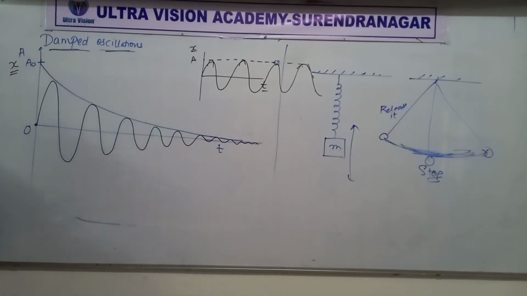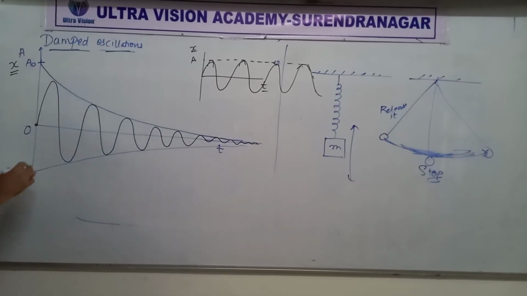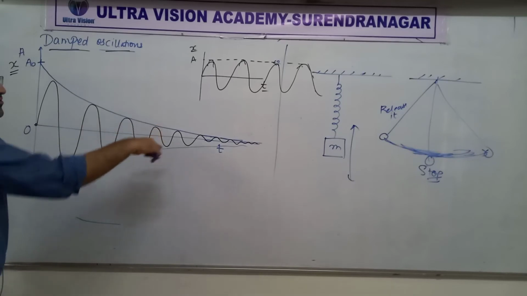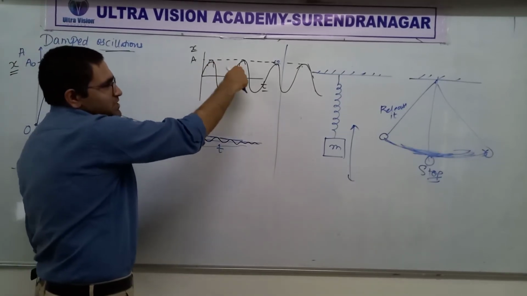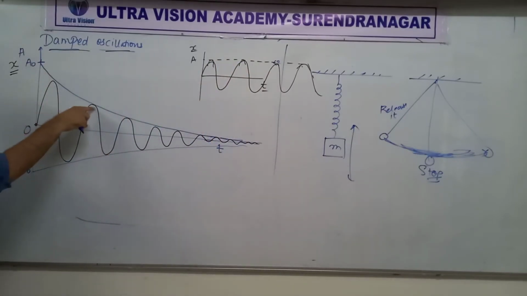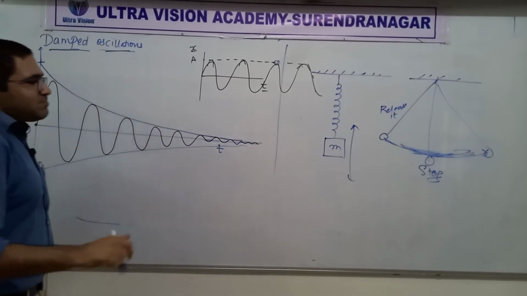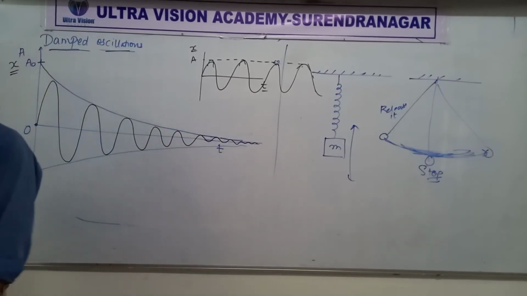Did you understand what I have drawn? So what does this indicate? Yes, it's indicating that amplitude is changing, not like this: first time amplitude A, second time A, third time A, fourth time A. No, not like that here. First time it will be more, then after some time it will decrease, like that it will become smaller and smaller. Ultimately, the oscillations will stop. Understood?